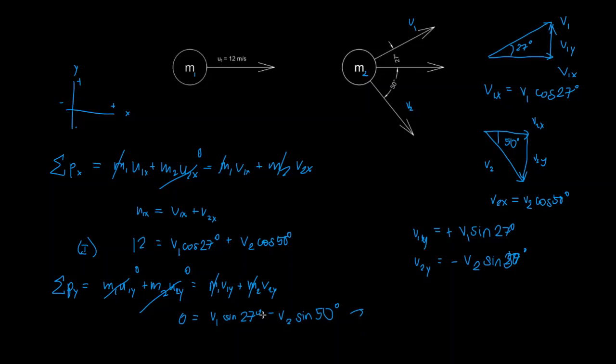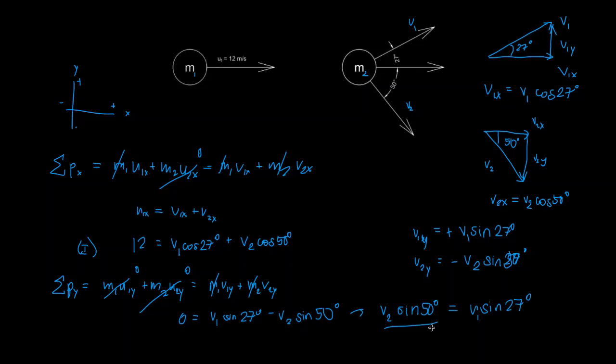So, ang gagawin natin is, we're gonna express this in terms of v sub 2. We're gonna find the expression for v sub 2. So, itatransform natin v sub 2, that is v sub 2 sine 50 equals v sub 1 sine 27.